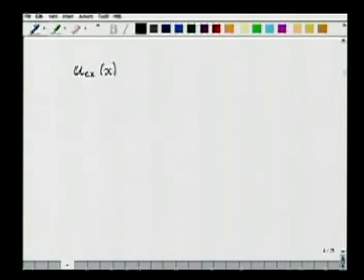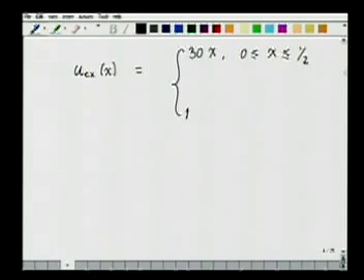For this problem, let me first write the exact solution. Exact solution of this problem is equal to 30x for this part and 10x plus 10 for this part.